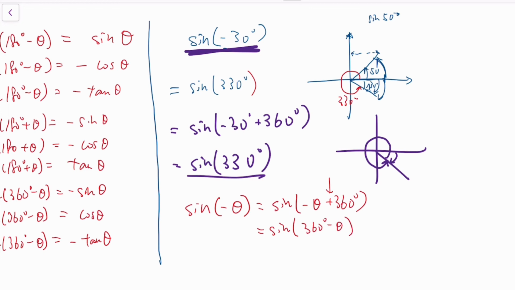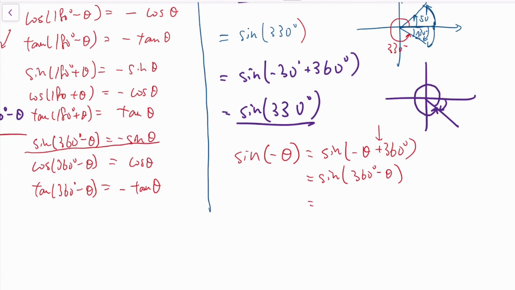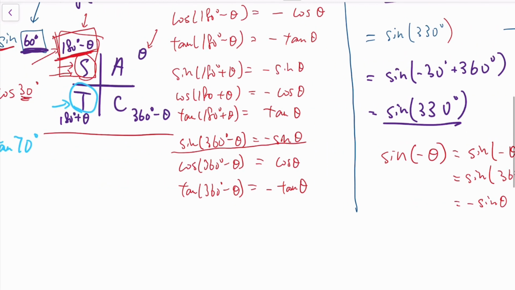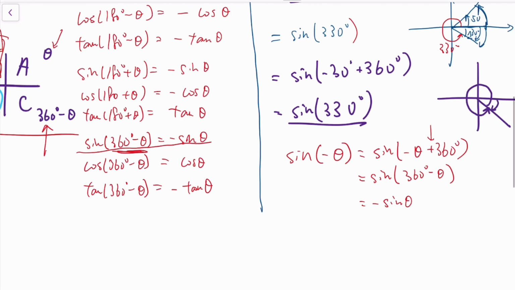So negative theta plus 360 is the same as 360 minus theta. According to this, sine of 360 minus theta is just negative sine theta. Make sure you understand why, because 360 minus theta is in the fourth quadrant, and in the fourth quadrant is C, so only cosine is positive, and so sine is negative.